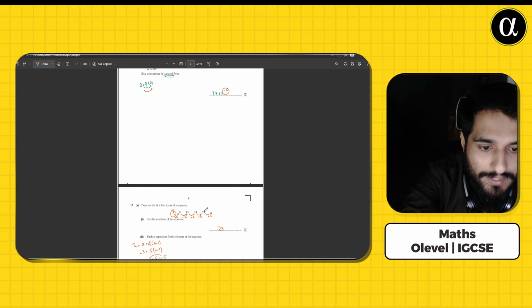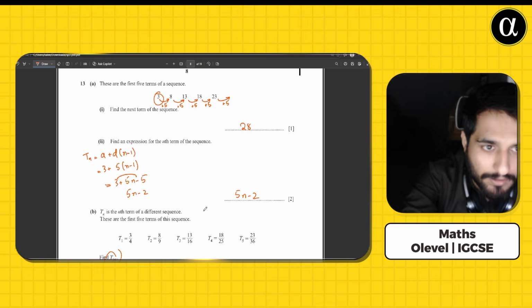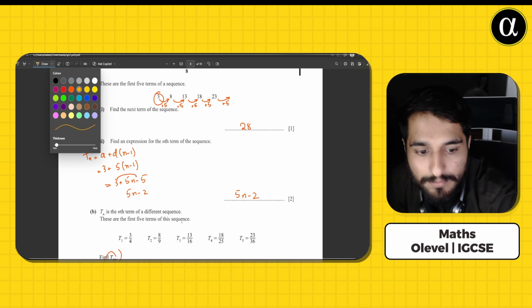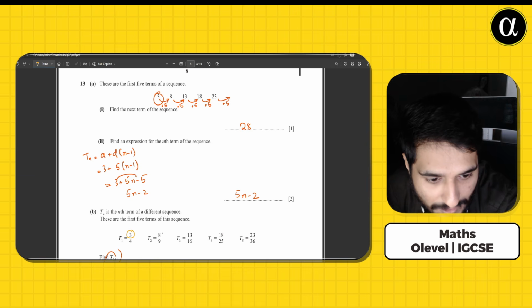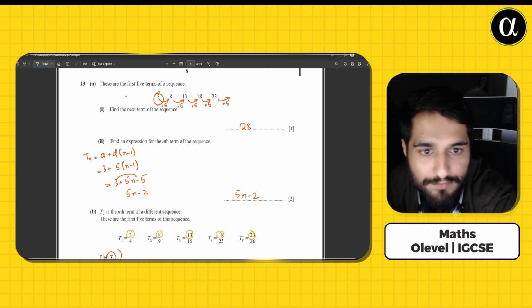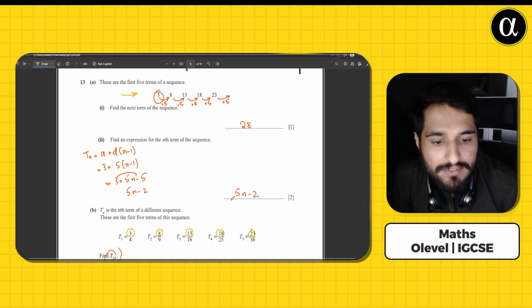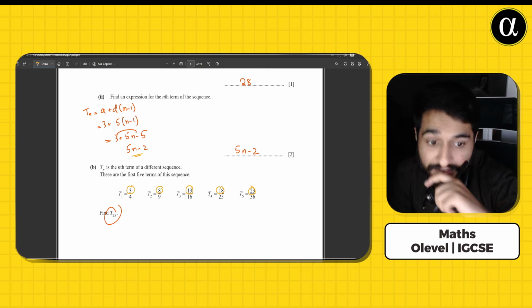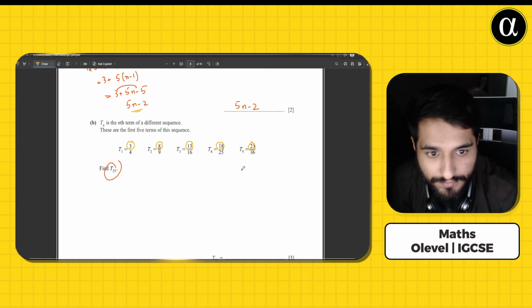If we have a look at a and b, let me zoom in, apologies for that. If we have a look at the relationship between the first sequence given by the examiner and the sequence that we have, can we say that all the numerators are basically from the sequence that we already did over here? So if I want to find T of 25, I'll just plug in 25 to find the numerator of this new sequence of this part b.